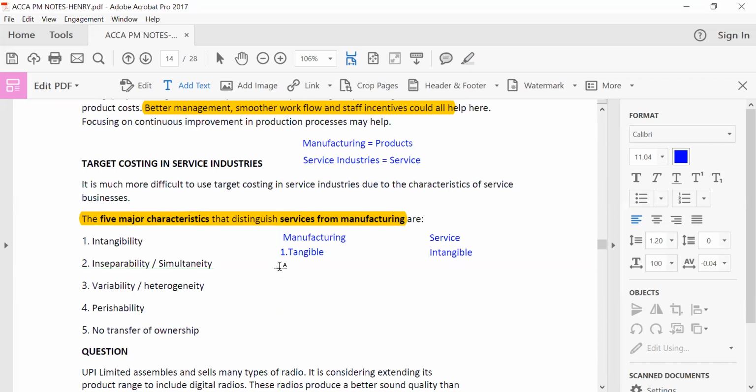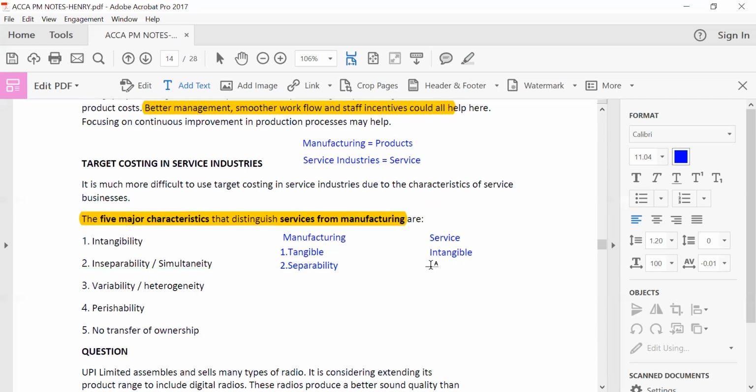Then you come to 2: separability. So you can separate it. Production and consumption can be separated. Unilever will produce its milk, and it will take 2 months before Joyce will actually consume it. So it is separable.